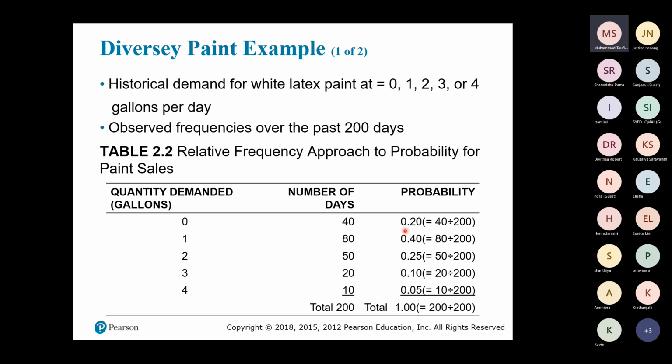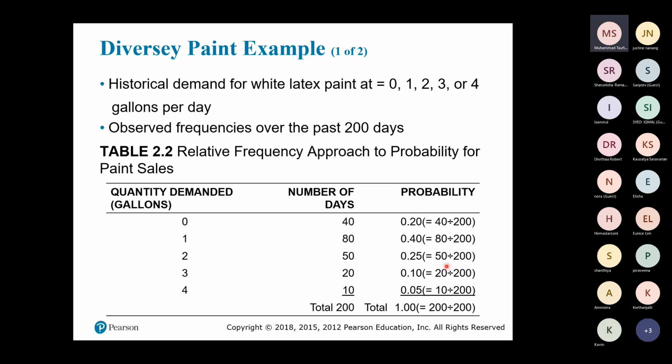All right. Next, for 1 gallon of paint, you have the number of days here, 80. You divide it by the total number of observations, which is 200, and you get 0.4. What does 0.4 mean? It means a 40% chance people will buy 1 gallon of paint from you.